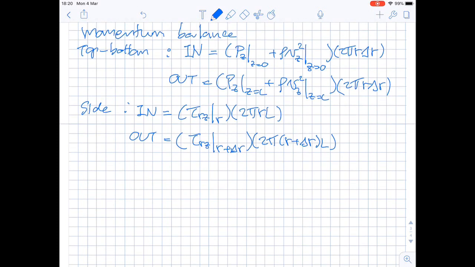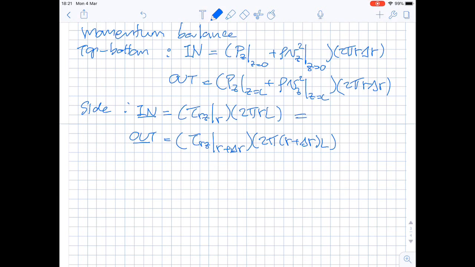Alright, now if you look further, the input and output on the side, this term and this term, can be made to the same form.